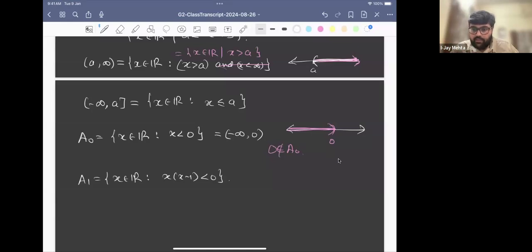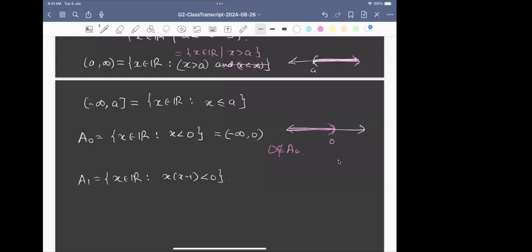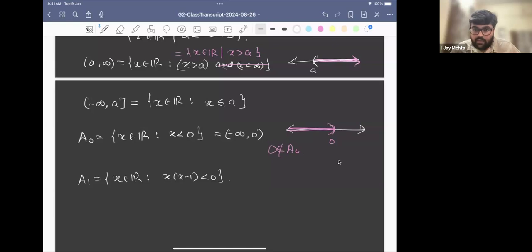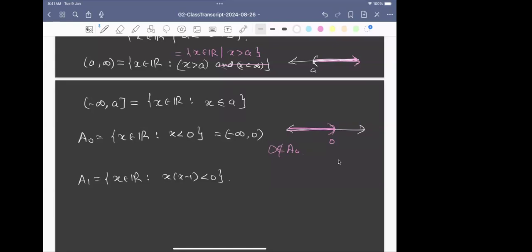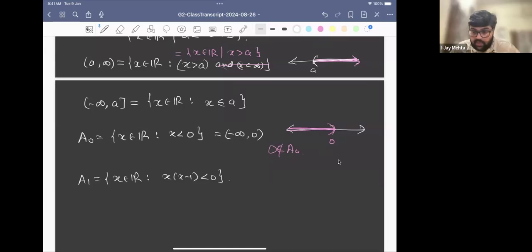Yes, Advik? We first check whether there is any element which satisfies this property or not.